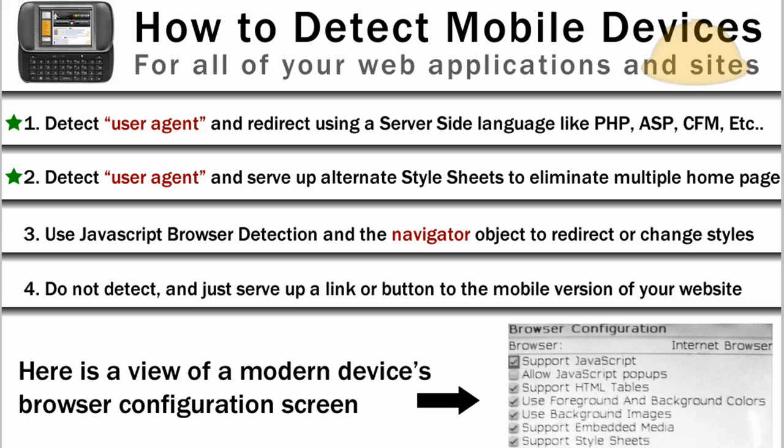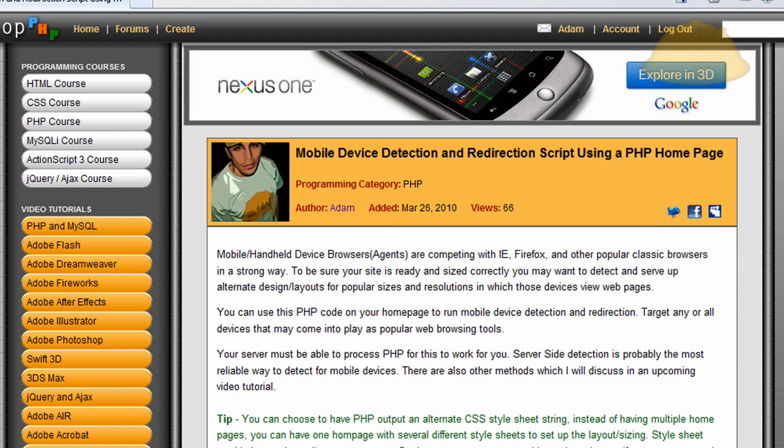So somebody can shut off JavaScript in their browser or many times in their handheld mobile device. So really the server-side language cannot be shut off, so it's a more solid method. So let's look at number 1. Detect user agent and redirect using a server-side language like PHP, ASP, Cold Fusion Markup, etc. Whatever you're comfortable with. Now, let's go check that out at Develop PHP.